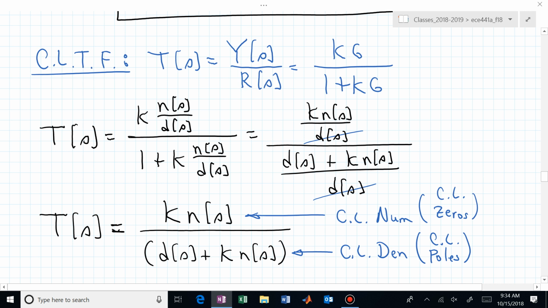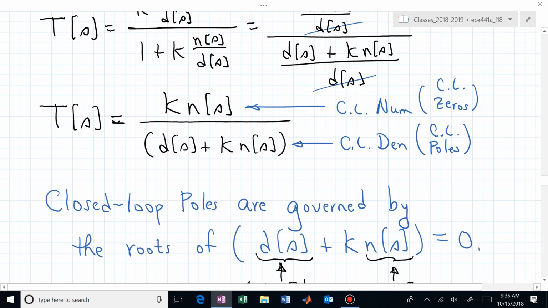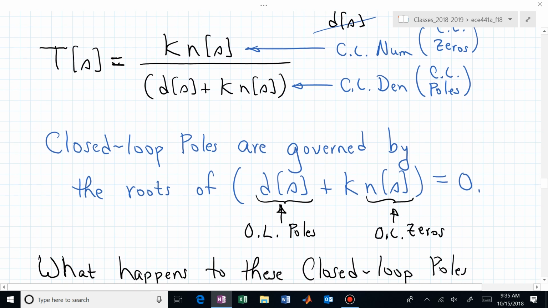And when we say locus, that's sort of telling you it's not the entire plane that they are able to touch. They're moving around in a certain way in the complex plane. And obviously it's going to be influenced by D and N. And that's what I'm trying to say here.